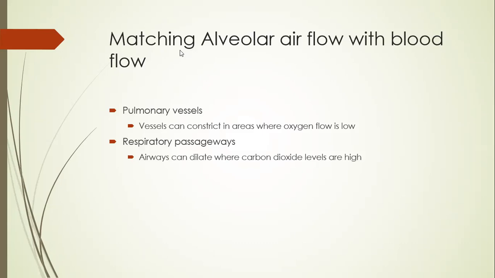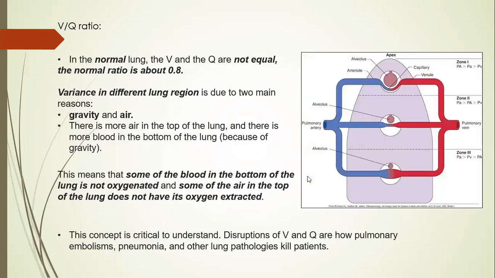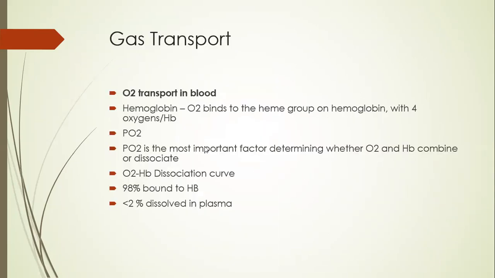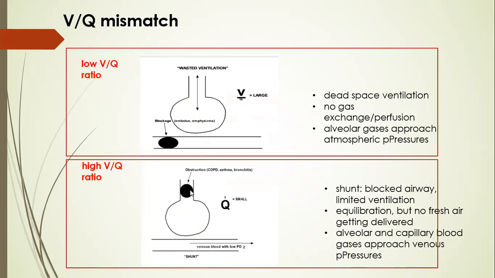So here we say that matching alveolar airflow with blood flow, the pulmonary vessels can constrict or vasodilate. They constrict where we have low oxygen. In this case, when we have low oxygen coming in, these blood vessels will vasoconstrict. The ones with high oxygen, they are going to vasodilate so that there is more blood going to where there is more oxygen.